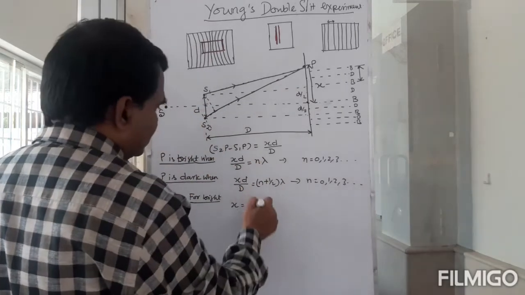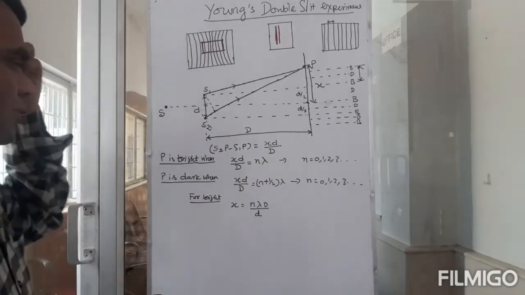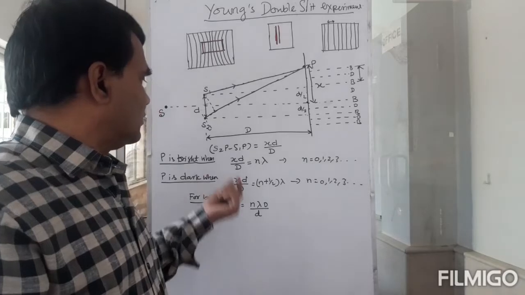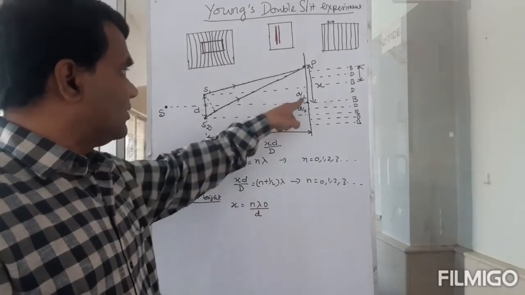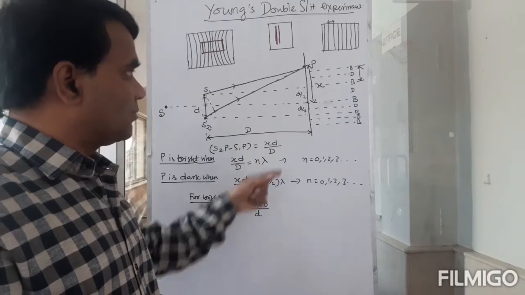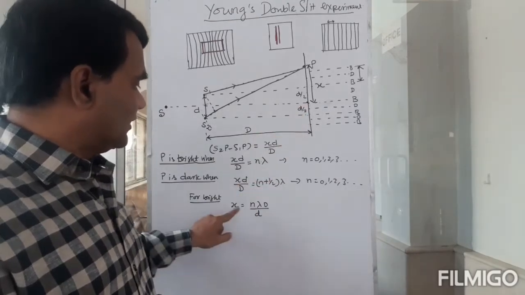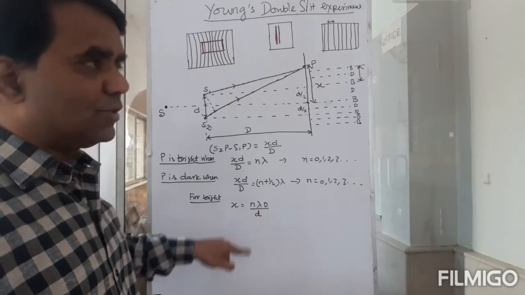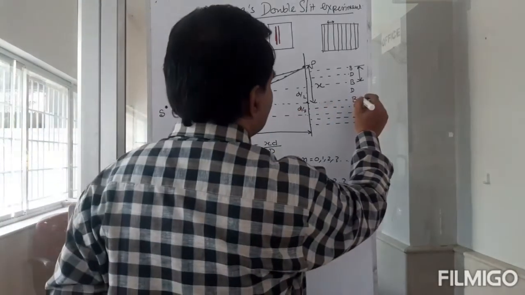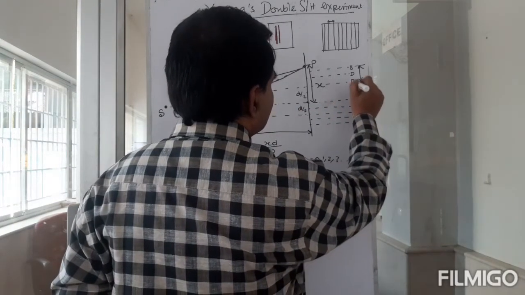From this expression, I am getting that. So x will be 0 at n equal to 0, where we will find a bright spot, very much here. The next one would be lambda D by d. The next one would be 2 lambda D by d. So here you will have bright.